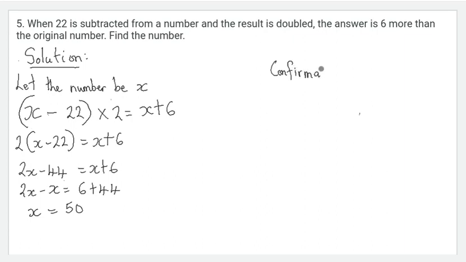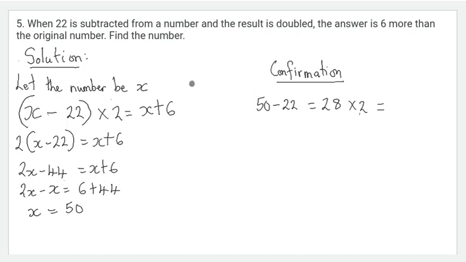So confirmation. If you subtract 22 from 50, what do we have? When 22 is subtracted from a number, now we said the number is 50, this would give us 28. Now, if you doubled your result, 28 times 2, what would it give you?